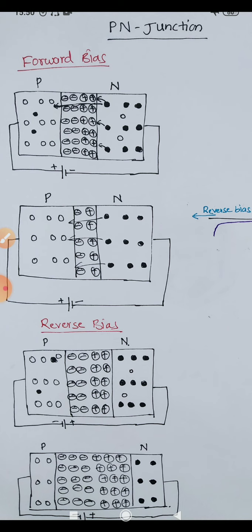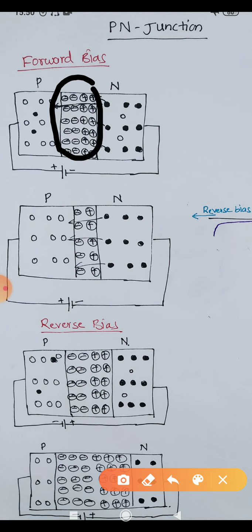Now we will see what happens in forward bias PN junction. We know that earlier, because of this junction, electrons which are present on N side cannot diffuse easily to P side as they have to overcome this potential barrier.